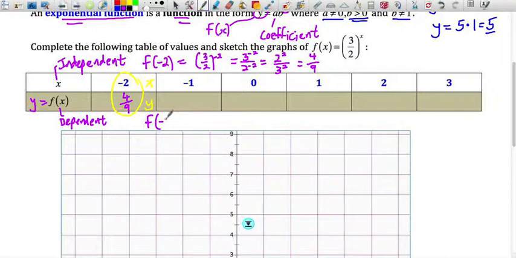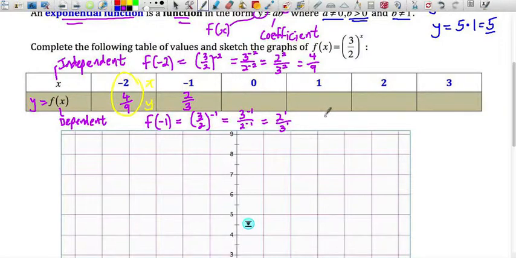We have f of minus 1, which is 3 over 2 to the power of minus 1. Once again, 3 to the minus 1 over 2 to the minus 1. Use our property of negative exponents and move each one from the bottom to the top or the top to the bottom, depending on which number we're talking about, and we get our value of 2/3.